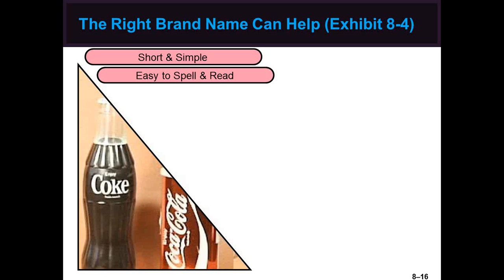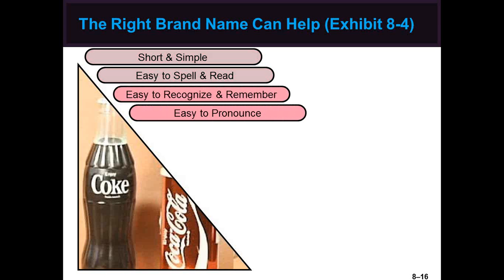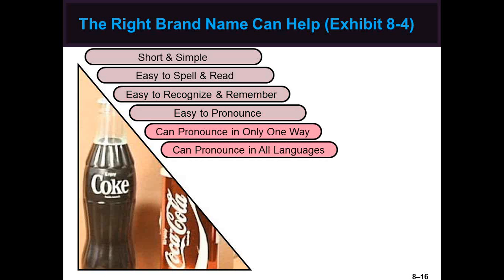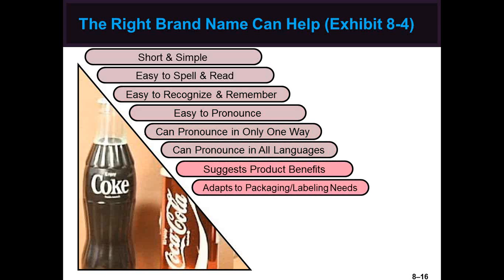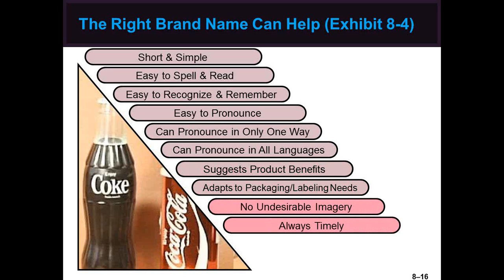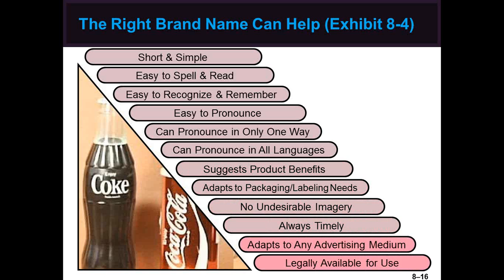Among the characteristics of a good brand name are the following: short and simple, easy to spell and read, easy to recognize and remember, easy to pronounce, can be pronounced in only one way, can be pronounced in all languages, suggests product benefits, adapts to packaging and labeling needs, no undesirable imagery, always timely, adapts to any advertising medium, legally available for use.